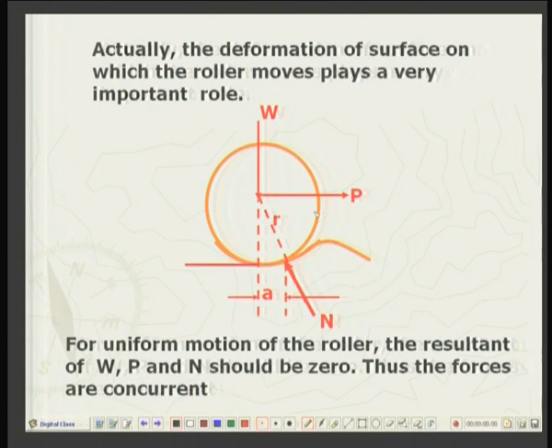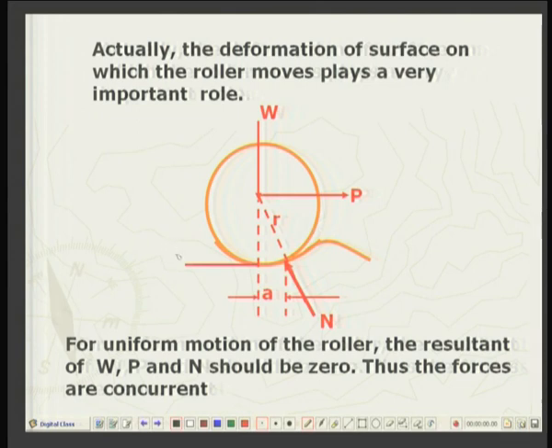Because of the heavy roller, the ground deforms. It will no longer remain as level ground, there will be a small deformation due to the weight of the roller. This can be examined by elasticity equations, but that is not absolutely essential for us to do.